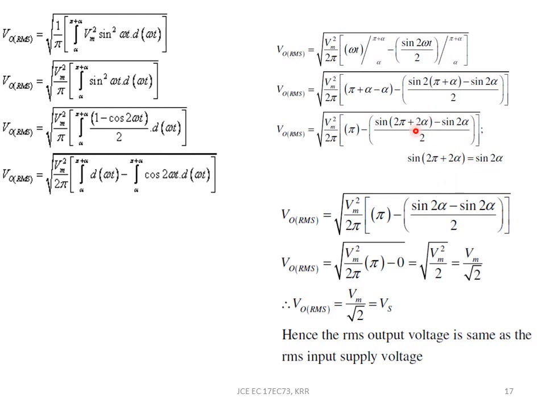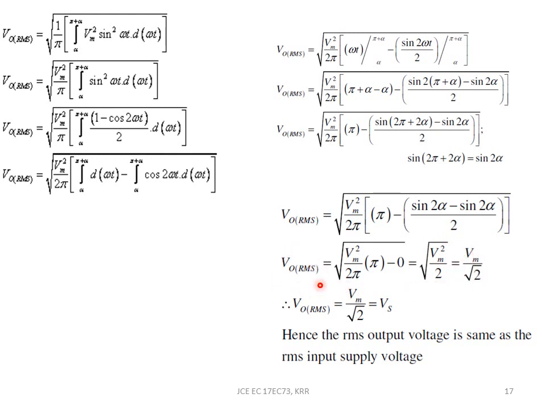So I'll be substituting this as sine of 2 alpha minus sine of 2 alpha, divided by 2. So V naught RMS will be equal to Vm squared by 2 pi into pi minus this term, which becomes 0. So I'll get under the root Vm squared by 2. So I get Vm by root 2.